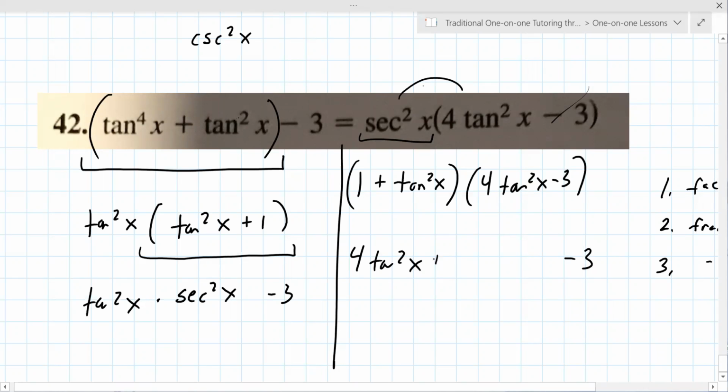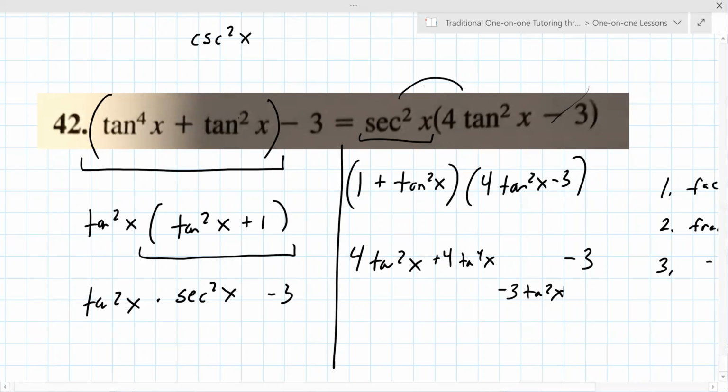Inner is 4 tangent to the 4th x, minus 3. I guess I got some minus 3 tangent squared x. Did I? 4 tangent squared x minus 3.